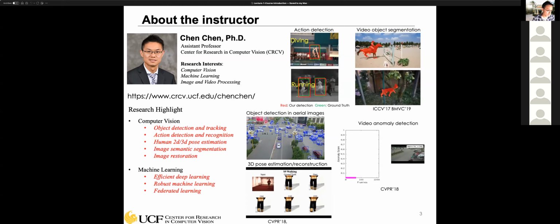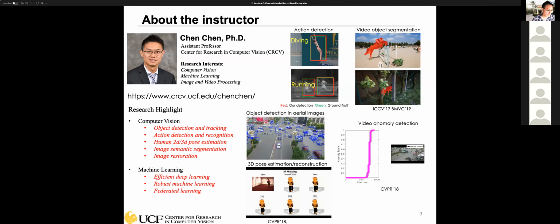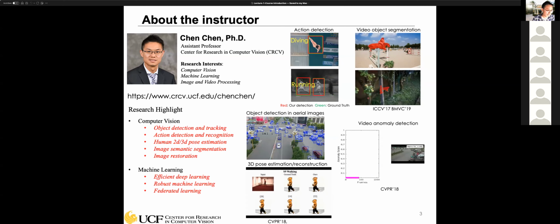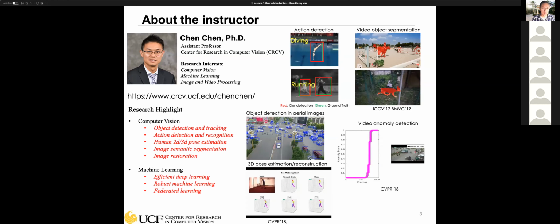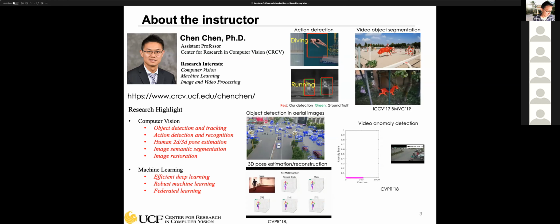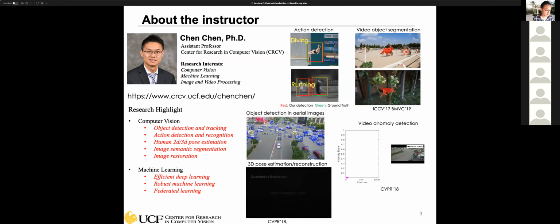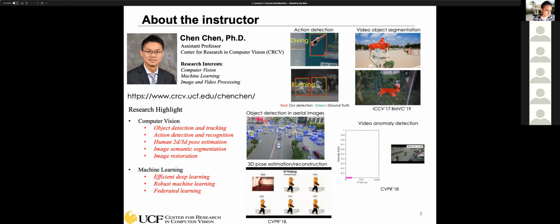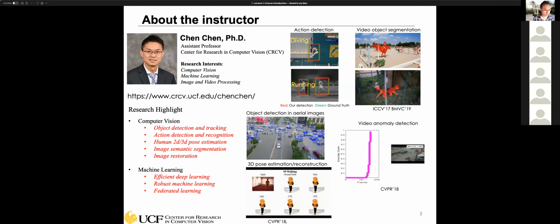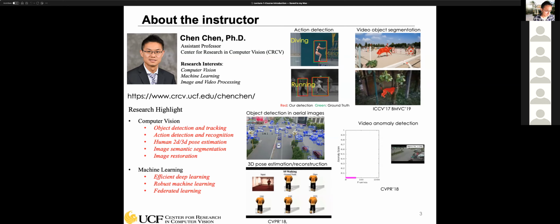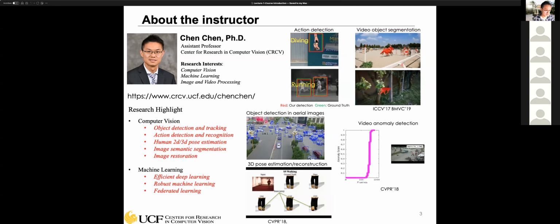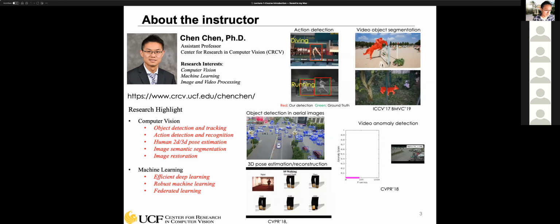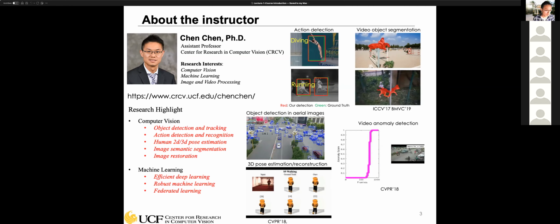You need a lot of compute resources to achieve very high accuracy for your task. But nowadays we have a lot of edge devices like cell phones, maybe drones or smart cameras. How are we going to deploy such large models on these small devices? It's not possible, right? So we want to come up with solutions to cope with that.